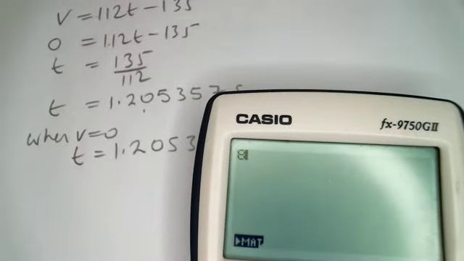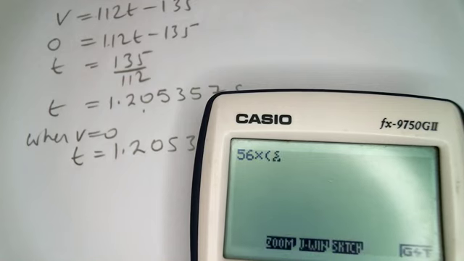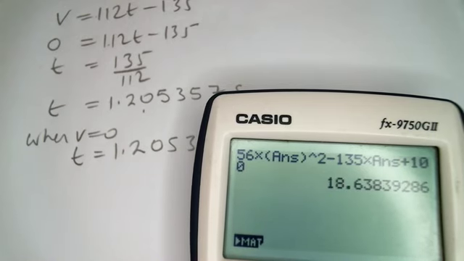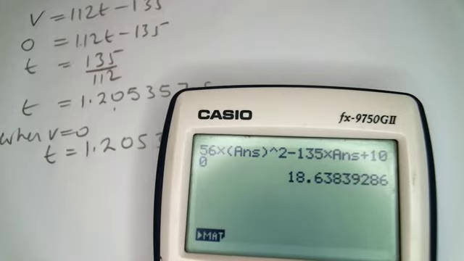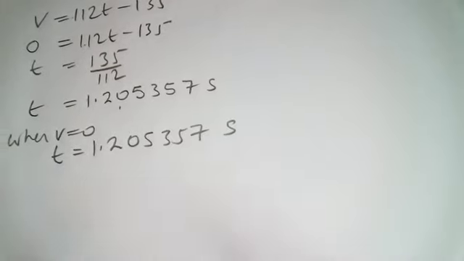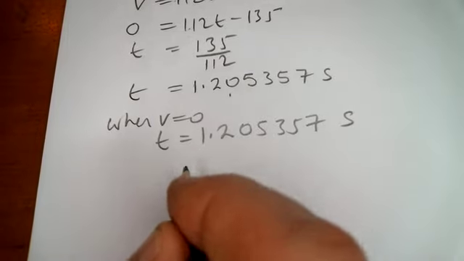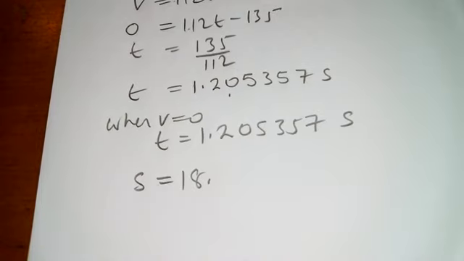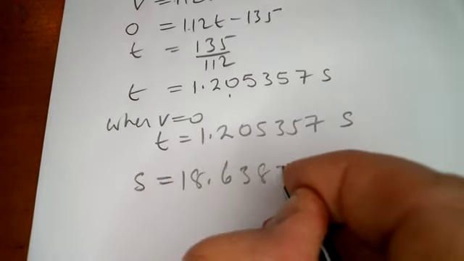So here we go: 56 times brackets answer, squared, minus 135 times the answer, plus 100, and we get 18.63839. So this is S now: 18.63839.